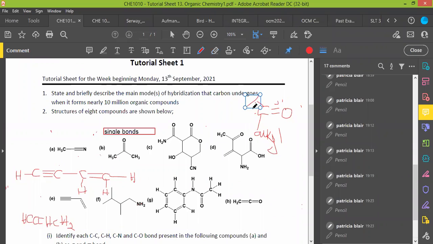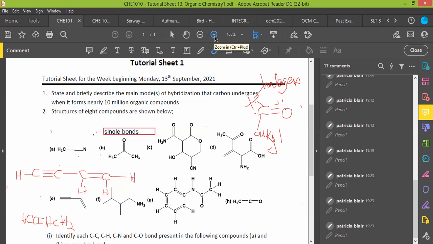So this X is a halogen. If this X is a halogen, this particular group that forms is going to be called an acyl halide, meaning whatever has to come there has to end in -ide.